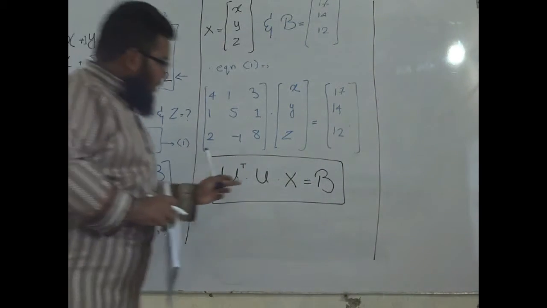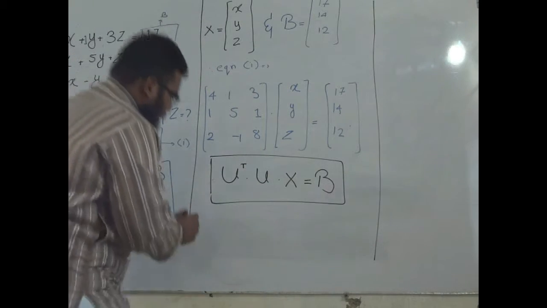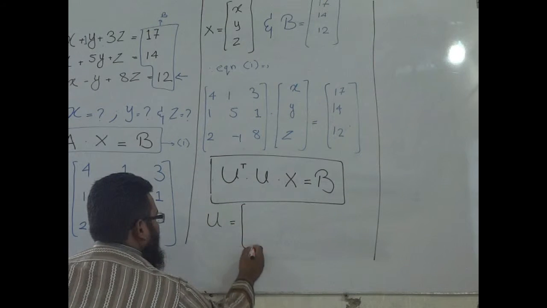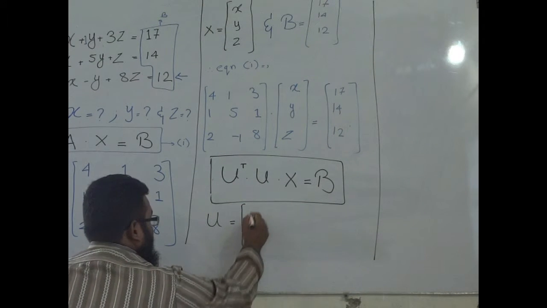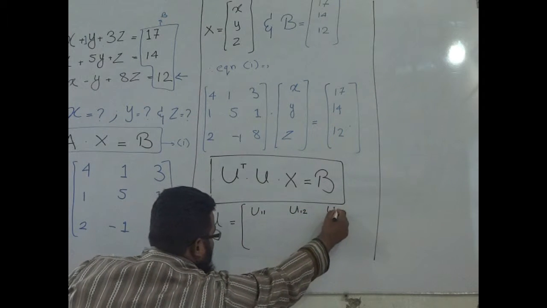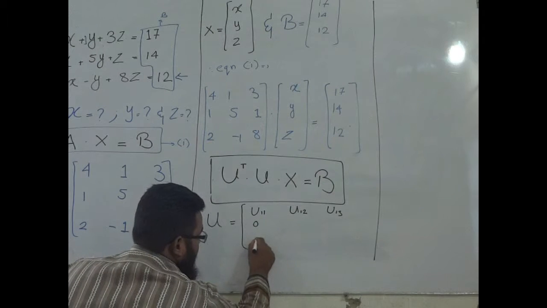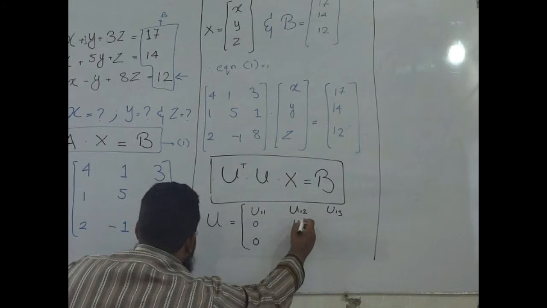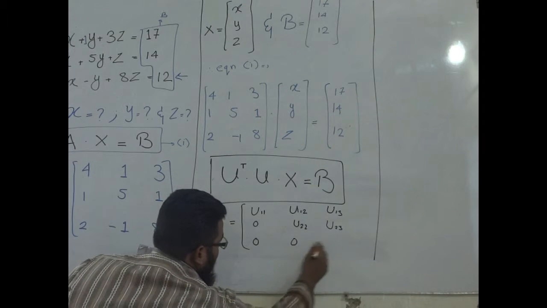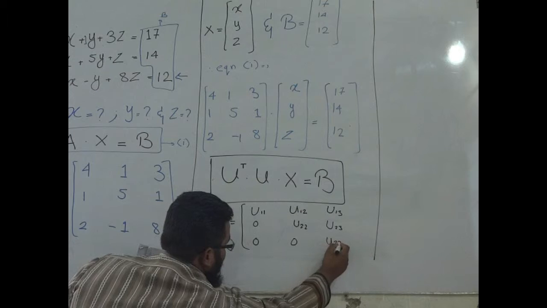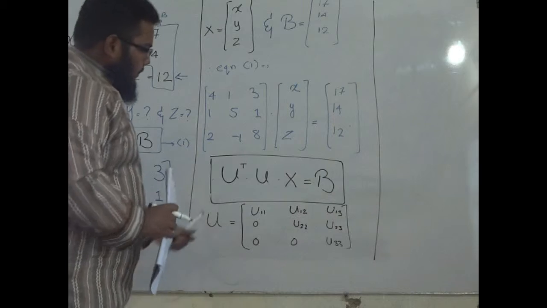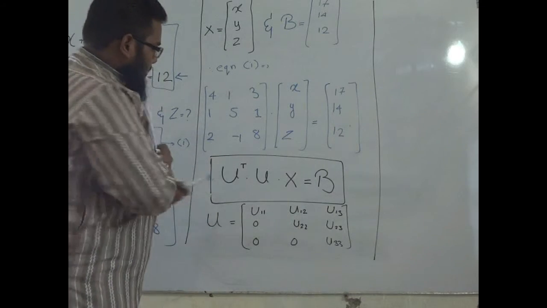To make U, here our U matrix is equal to [u11, u12, u13; 0, u22, u23; 0, 0, u33]. This is U. So we have to find upper values of matrix A.